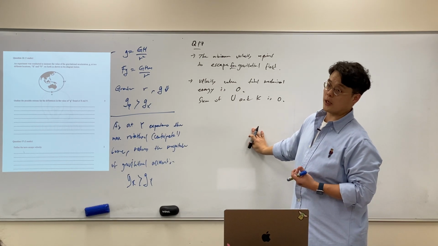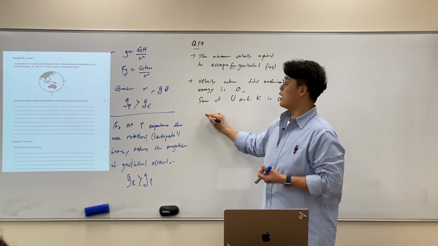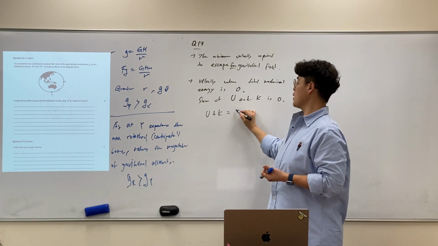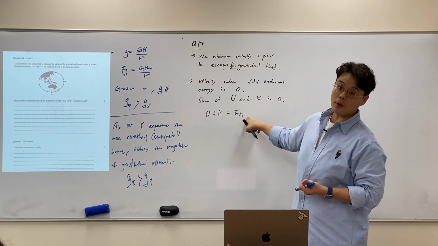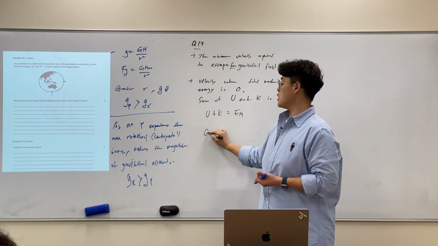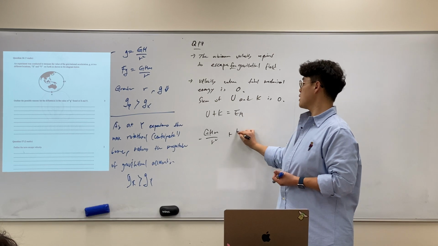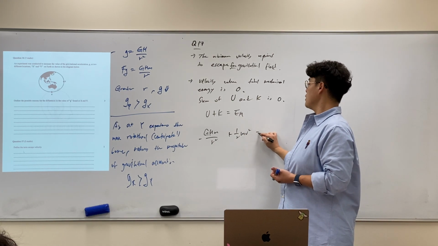I show you this because we had questions like this before. We know U plus K equals the total mechanical energy. When this is 0, we're going to simply use minus GMm over r plus half mv squared equals 0.